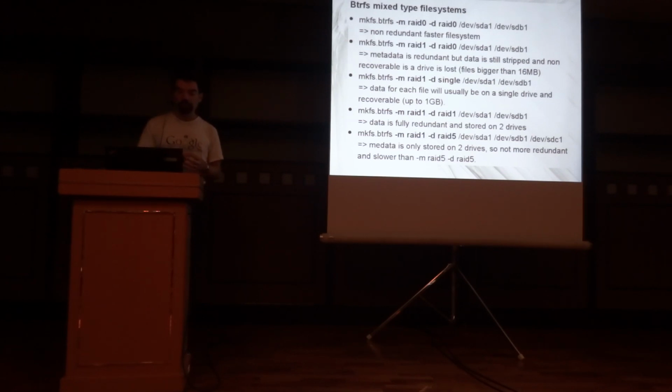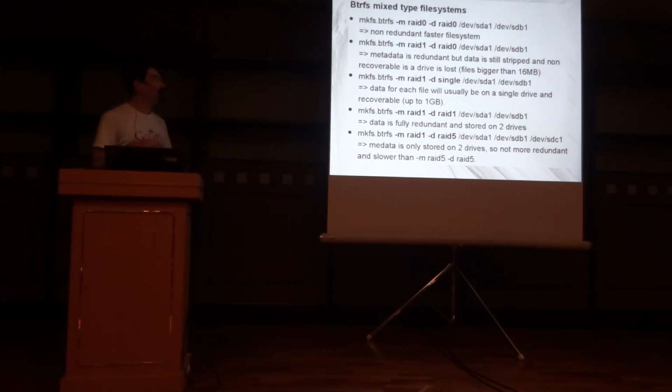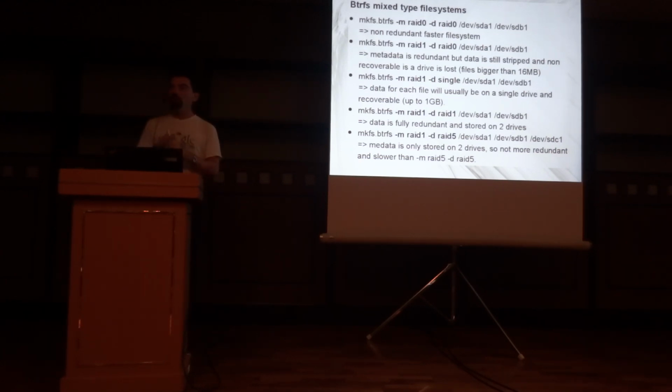Another way of using it is, if you have blocks that are across 2 drives, instead of saying RAID 0, you can say single, which tends to lay out files more on one drive than the other. So you don't get the throughput of writing in parallel on both drives, but you get files laid out more evenly. That's really more important if you're using one drive and you're doing recovery.